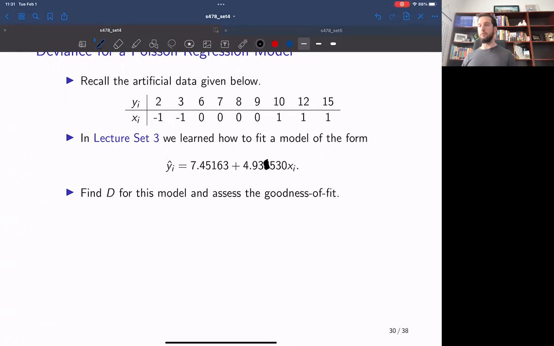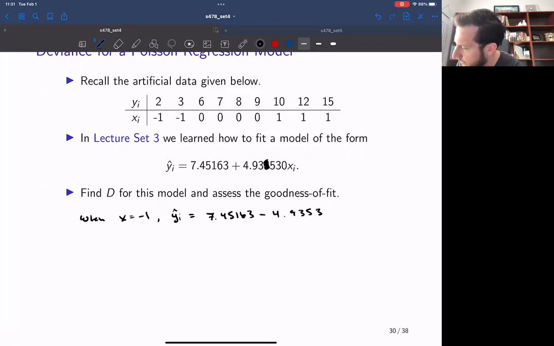So the first thing we need to do is actually work out the yi hat. Given the fitted model, it's very easy. We simply have to plug in for each value. So when x equals -1, yi hat is equal to 7.45163 minus 4.93530, which is 2.51633.